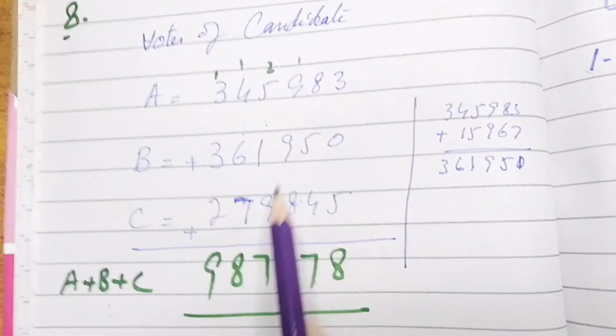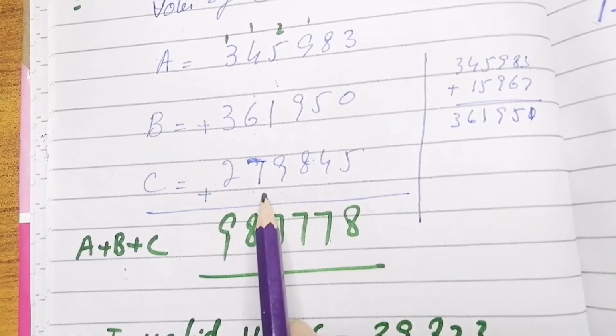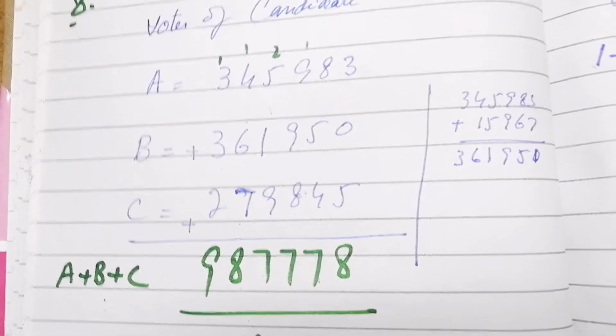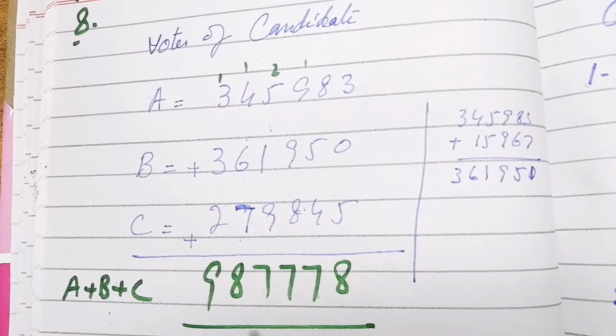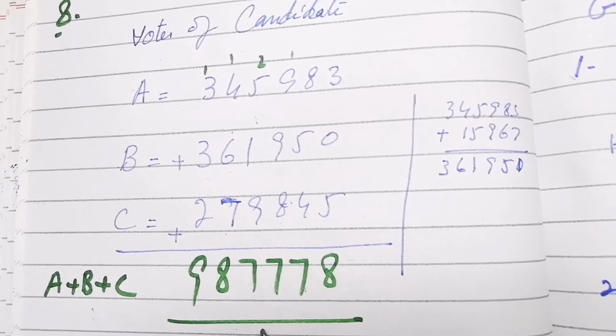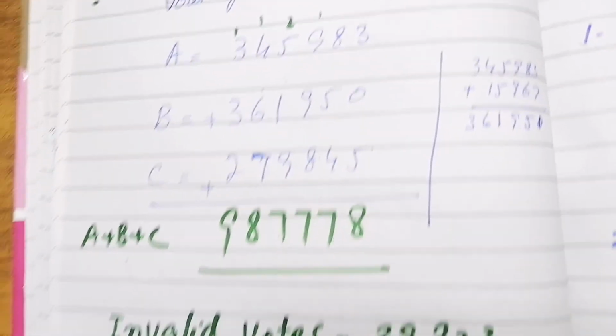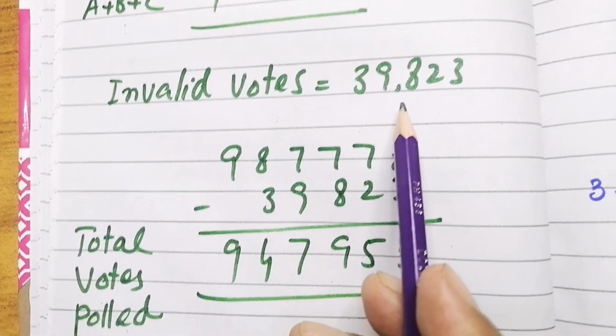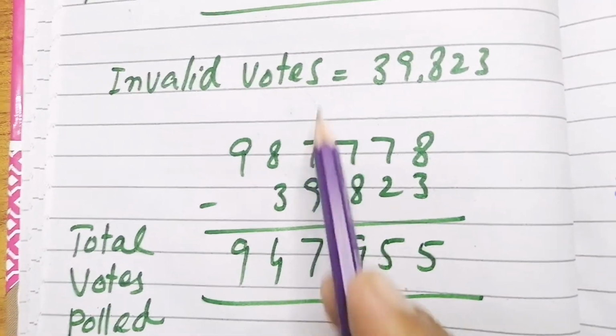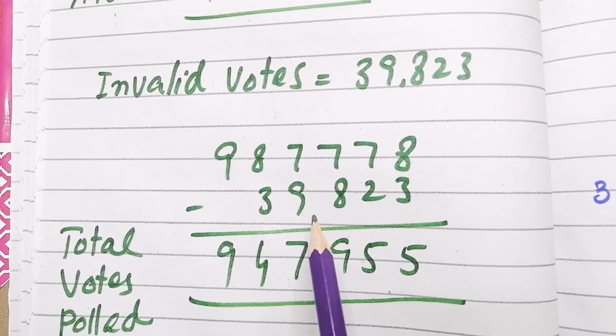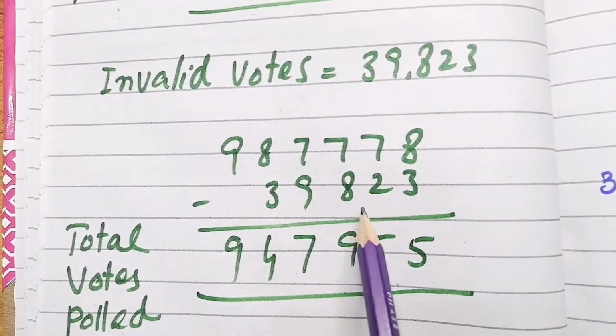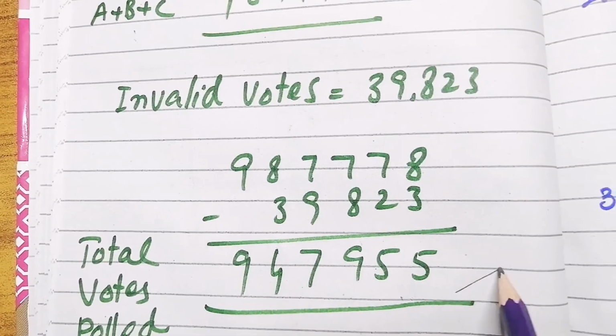This is the difference. So C got this much vote, 2,79,000. So we add them in total and we get the total votes polled, right? Then invalid votes were there, 39,000. So from the total votes we deduct or subtract 39,000 and we get this answer. So thank you very much.